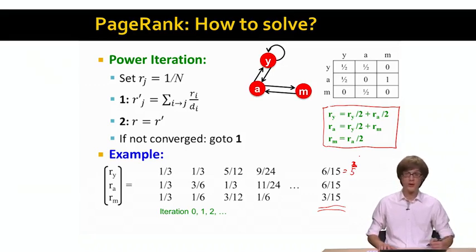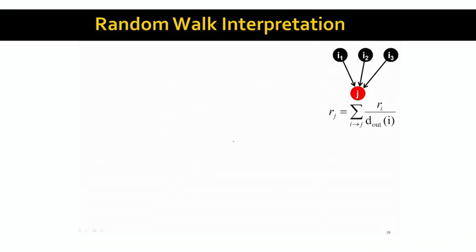So we got the same solution as before, but now we didn't explicitly solve the system of equations. We simply did this vector-matrix multiplication multiple times, and the thing converged somehow miraculously to the values we wanted.